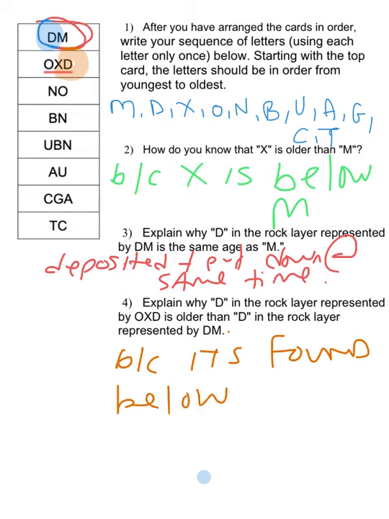So the DM is above and the OXD is below. So this had to get put down first, and that's why it's older, because it's found below or on bottom.